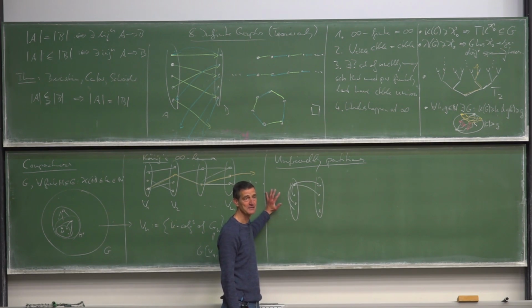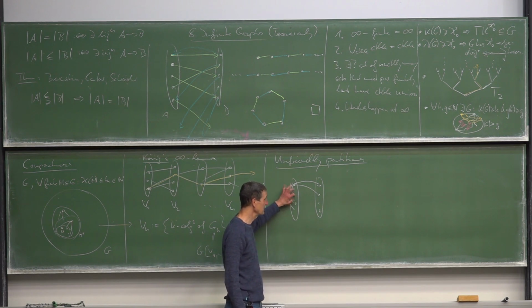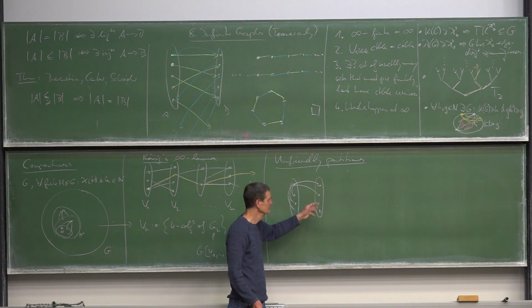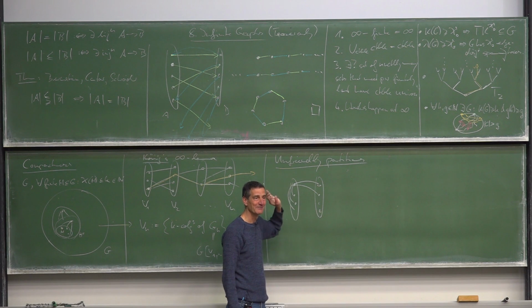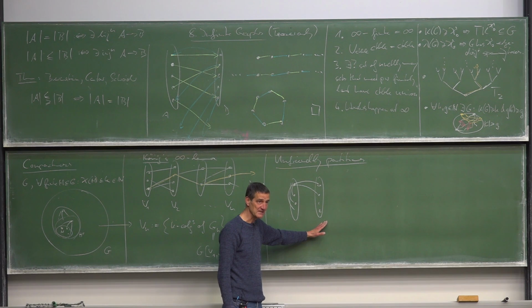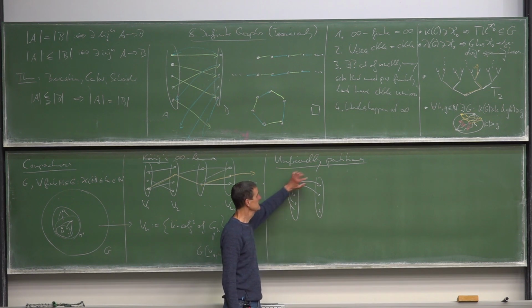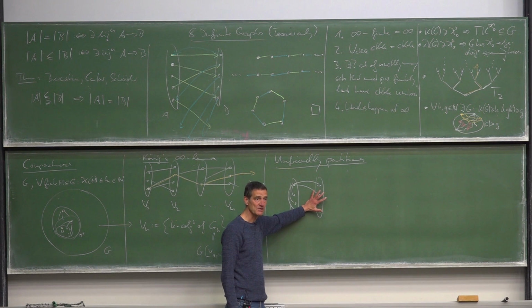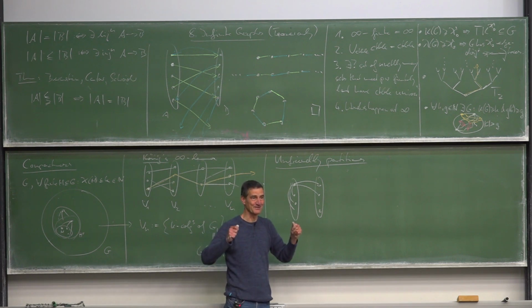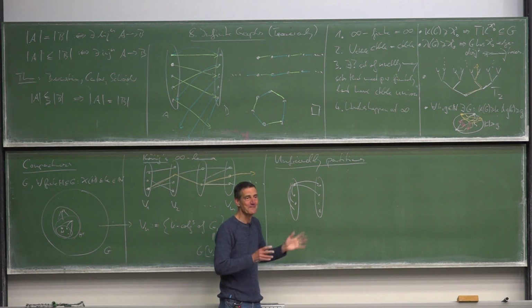I will call it friendly, but whoever invented this has a notion of friendly that is something like coziness in your own peer group, rather than being nice to others. So anyway, once more, a partition of the vertex set into two classes is unfriendly if every vertex has at least as many neighbors opposite as in its own class. But we're looking for unfriendly partitions, so they're nice. Maybe they're friendly after all, but, right?